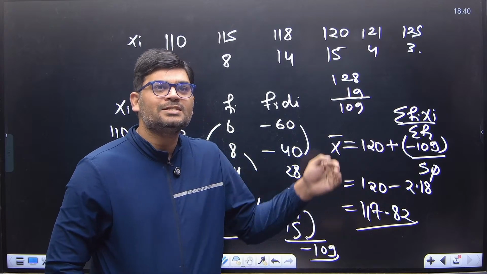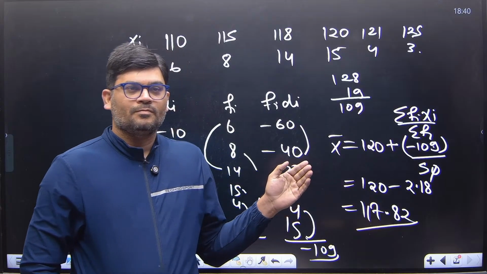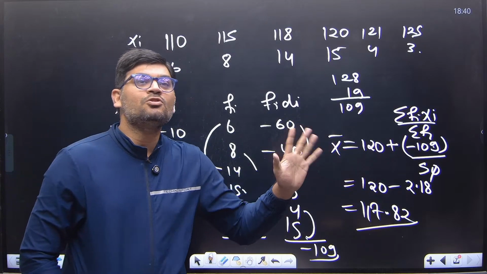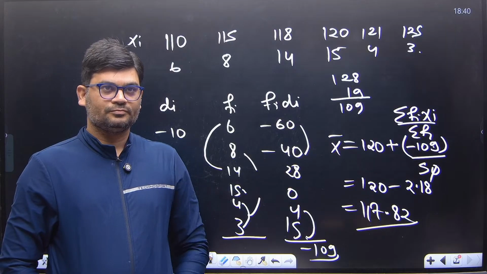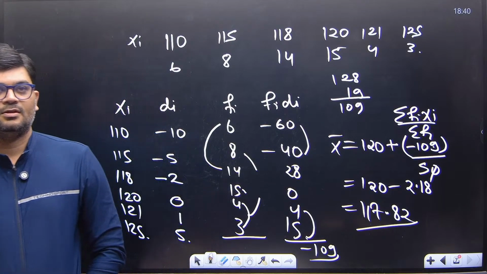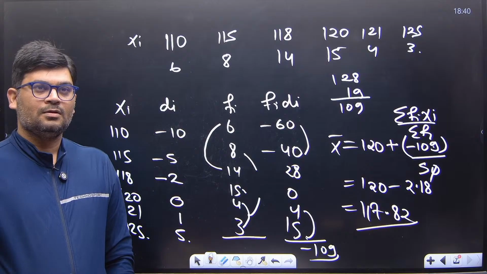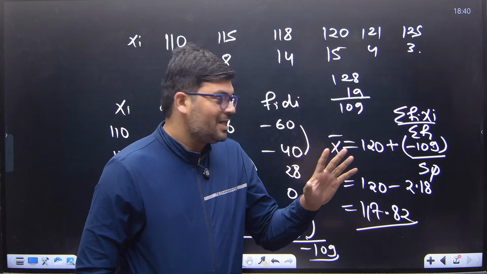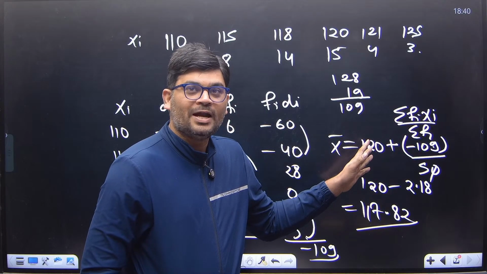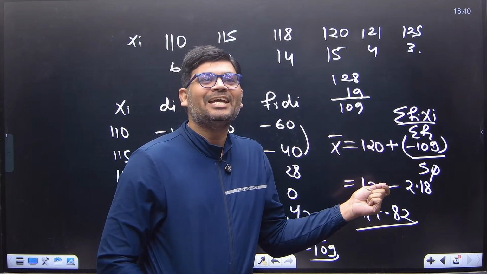So this is known as the assumed mean method, or the step deviation method. I can write it as sigma fi di divided by sigma fi plus the assumed mean. I think you will forget to add that, so write the assumed mean first and then sigma fi di upon sigma fi.